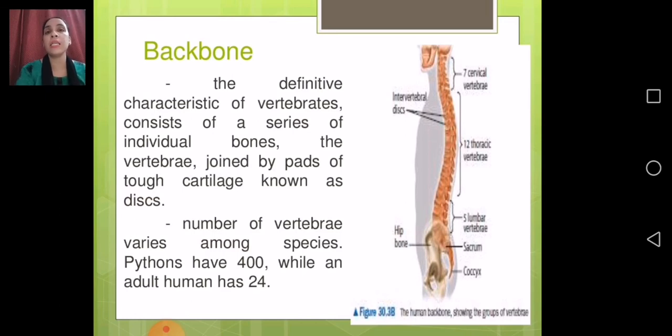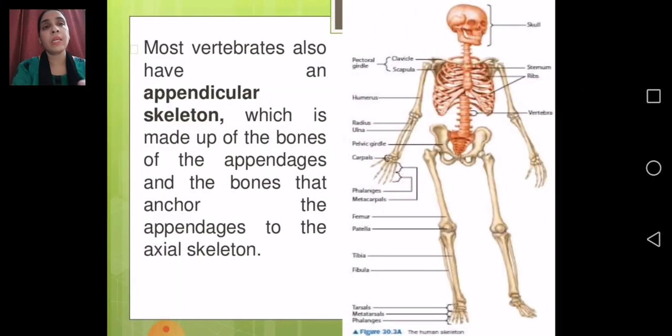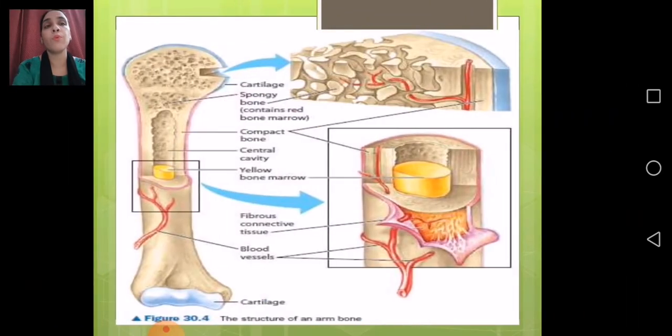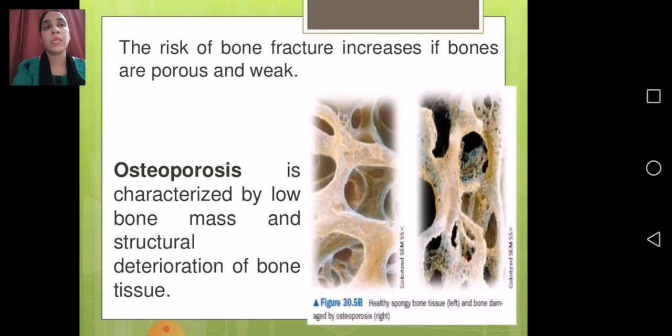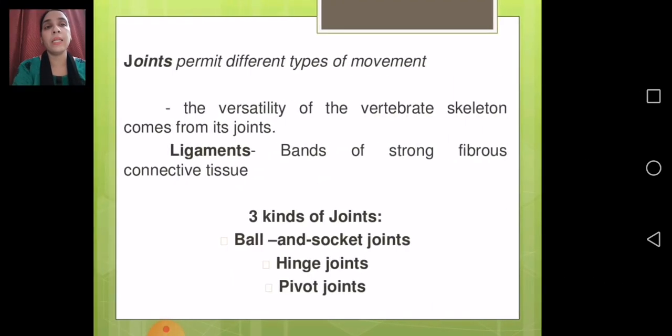The skull contains a total of 22 bones, that is 8 in your head and 14 in your face.